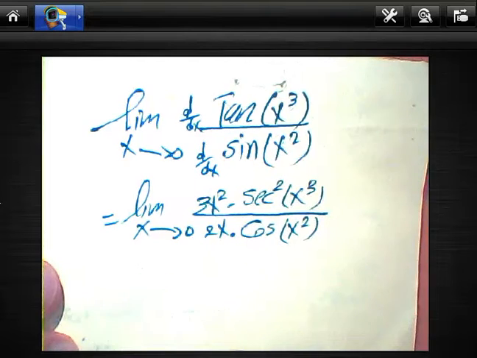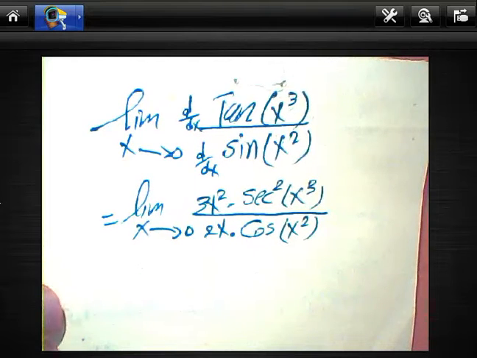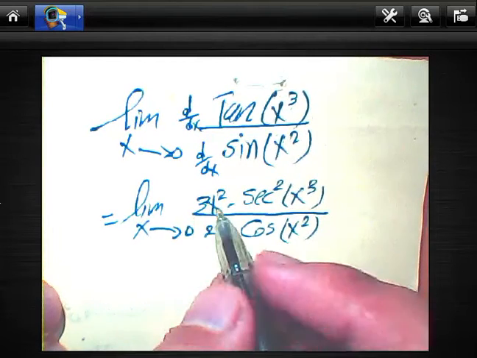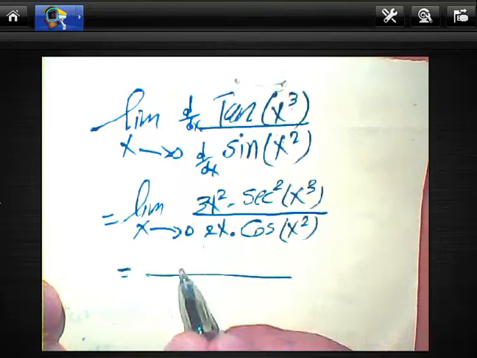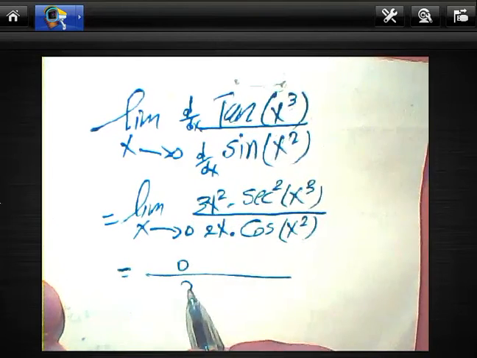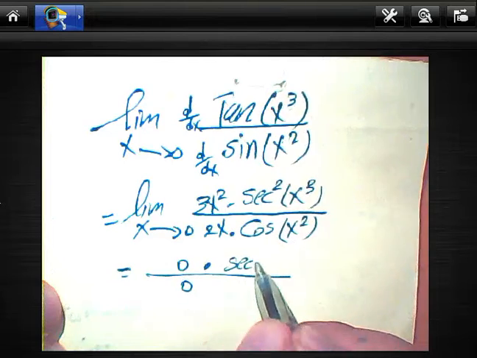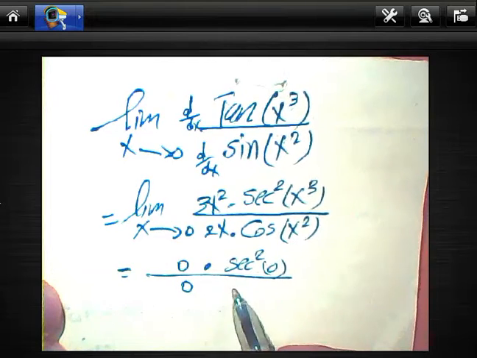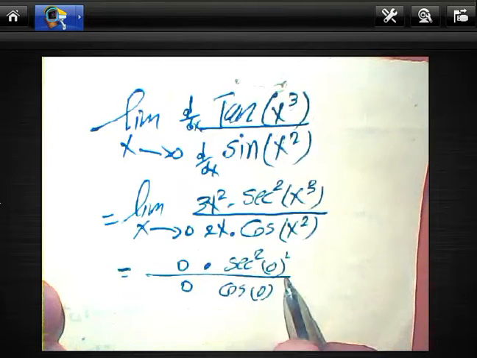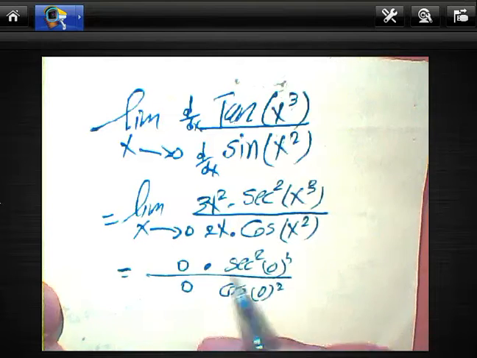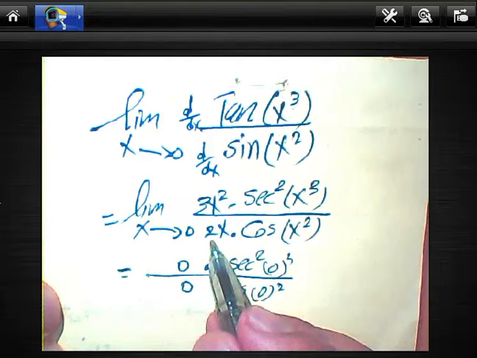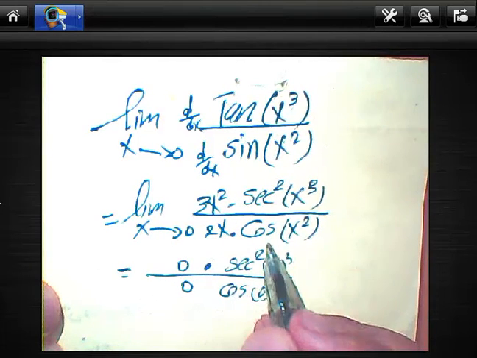And then we can put 0 in this example. We cancel x and write 0. 3 multiply 0 equals 0. 2 multiply 0 equals 0. So 0 times sec squared of 0 cubed over cosine 0 squared, and the result will be 0 here and 2x cosine x squared.